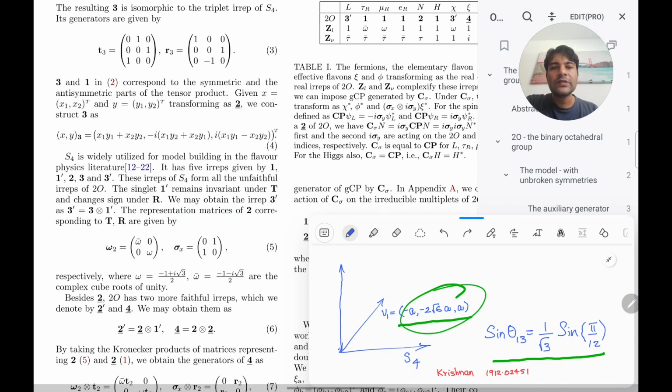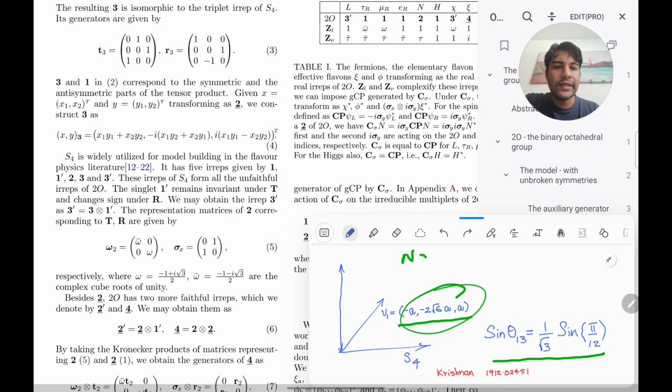So my main motivation was to improve this previous paper so that I can have a model with a more elegant group and also I don't have the problem of cross terms. Initially, I worked with right-handed neutrinos transforming as a triplet of S4.